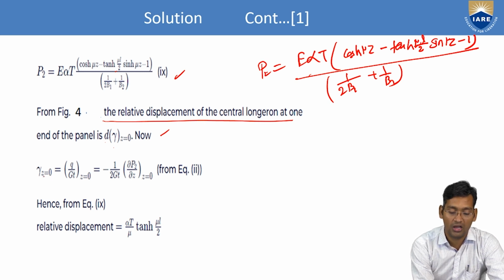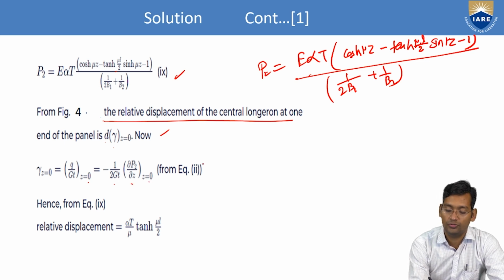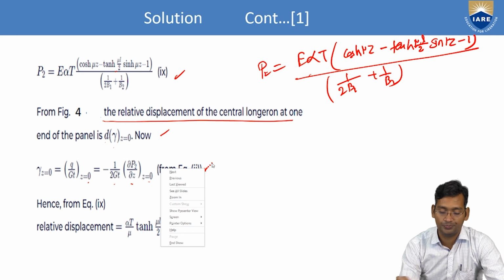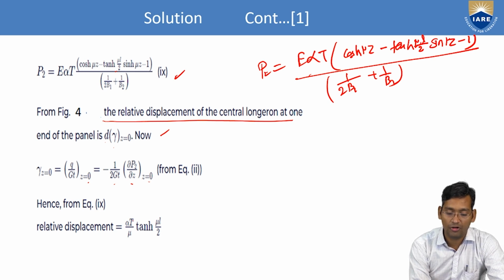So gamma at z equals 0 equals q by gt, that is minus 1 by 2 gt del p2 by del z at z equals 0. This is from equation 2. Now just substitute this value. So from equation 9, the relative displacement will be alpha t by mu into tanh mu L.